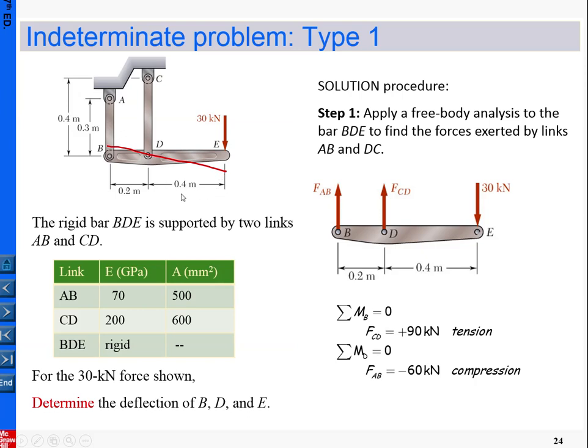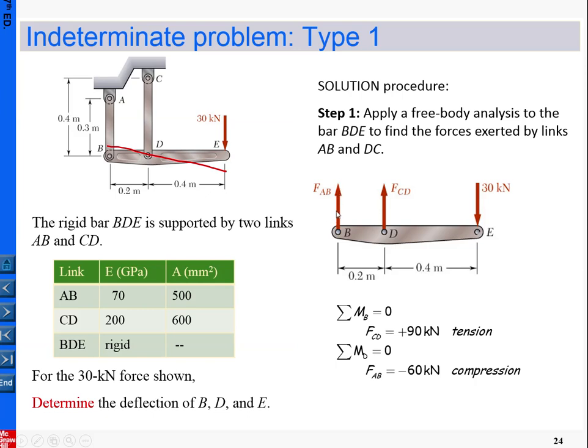The first thing we start with is taking a free body diagram of this rigid portion. From here there is the applied loading, and here is the action-reaction taken from the pin linking to the deformable object. Here we assumed the reactions FAB and FCD in such assumed directions.